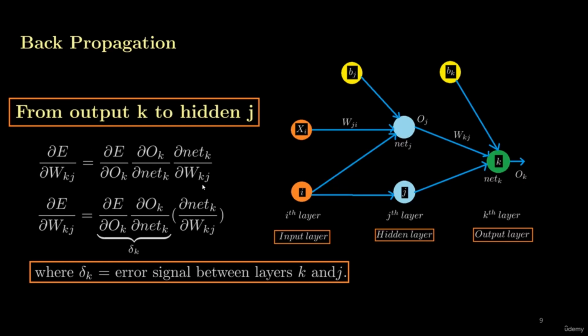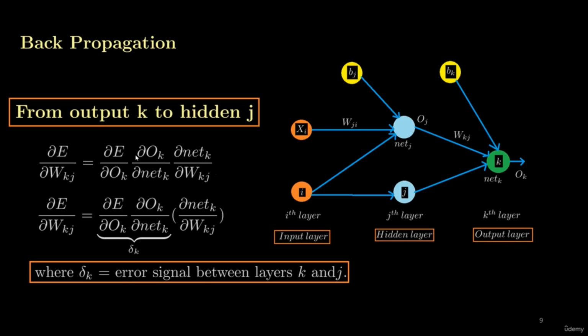So here we have just written the equation for the back propagation when we move from the output layer to the hidden layer. We see that we need three steps in order to reach from the error to wkj. In that case, we have three terms having the gradients. Now we have to find the value of this term, this term, and this term.